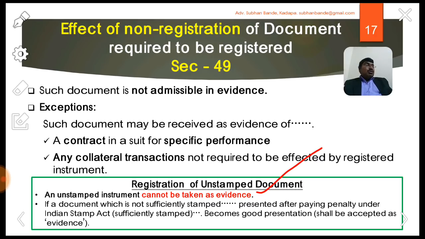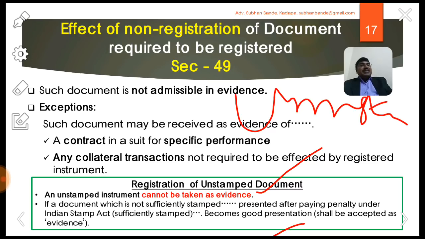If the document or instrument is sufficiently stamped, then such instrument is recognized as evidence by any court. If a document which is not sufficiently stamped is presented after paying the penalty under the Indian Stamp Act, that is, after being sufficiently stamped along with the penalty, then such instrument becomes good presentation and shall be accepted as evidence.